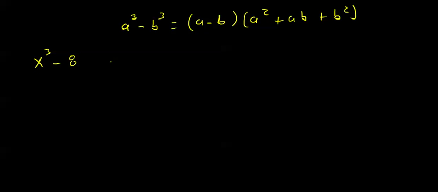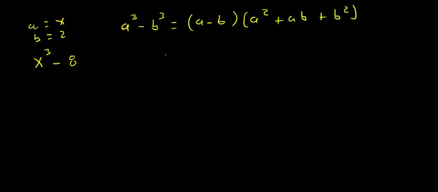All right, let's do a couple of examples. We want to factor x cubed minus 8. Now, I'm going to rewrite the formula up here. And now we're going to factor this. If you memorize the formula, it's also very easy. a equals x, b equals 2.